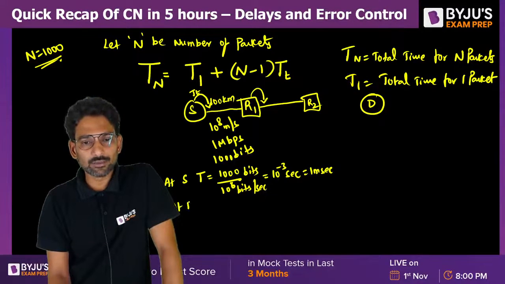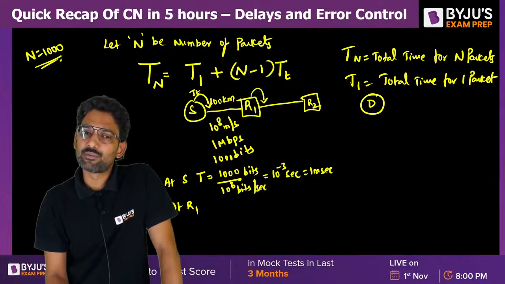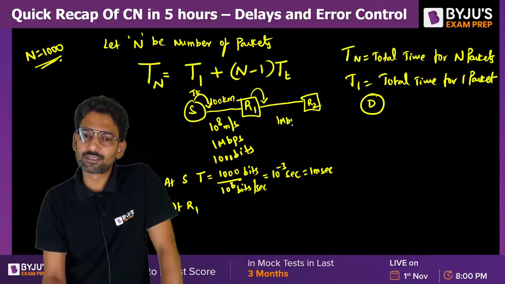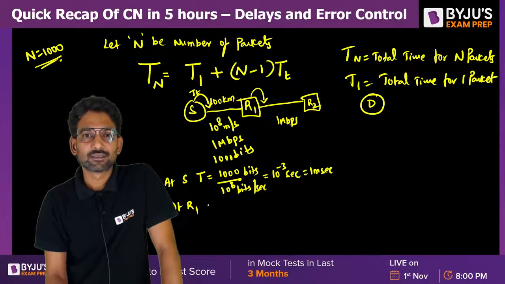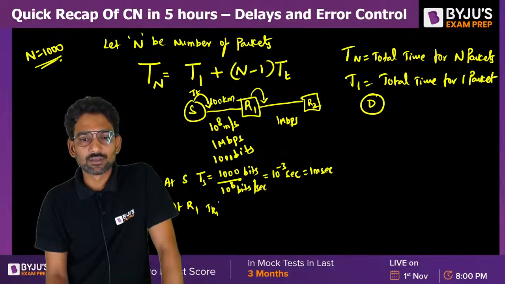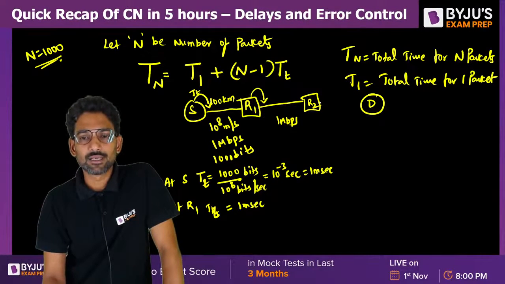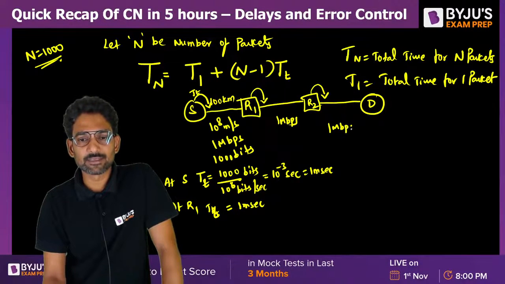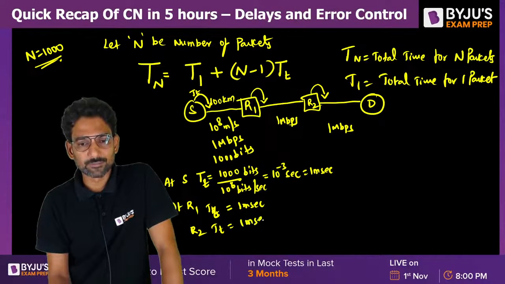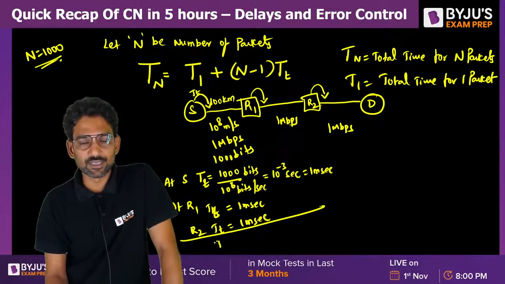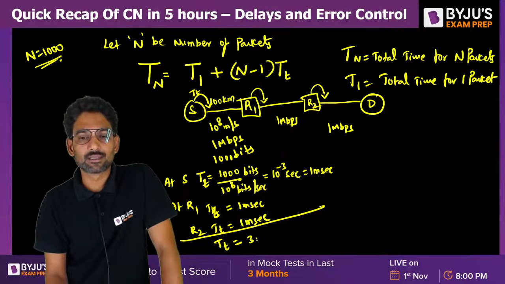At R1, same bandwidth, same packet, so you get the same 1 millisecond. Then at R2 also, same bandwidth, same packet, same 1 millisecond. So what is the total transmission delay for one packet? 3 milliseconds.